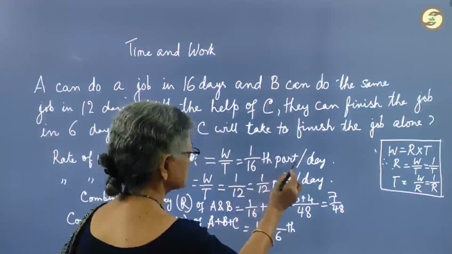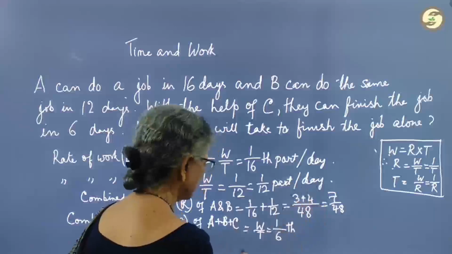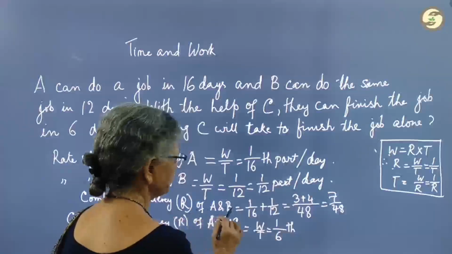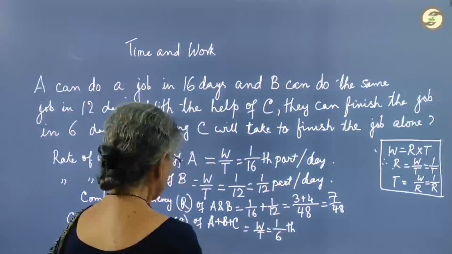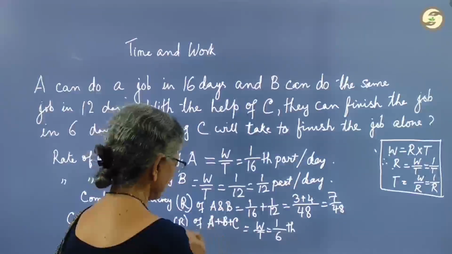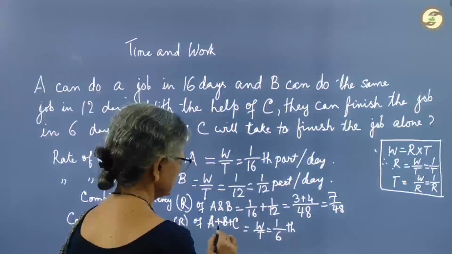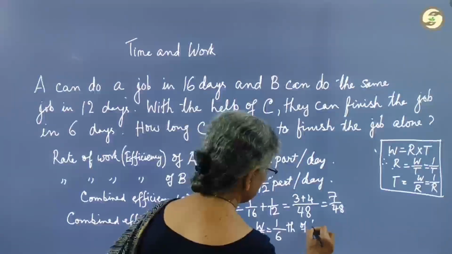Individually, A does 1/16 part of work per day, B does 1/12 part of the work per day. Combined, A and B can do the work in 7 by 48 part per day, and when C comes to join, then combined rate of efficiency is 1/6 of the work per day.